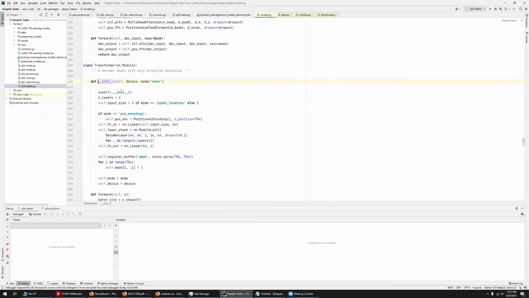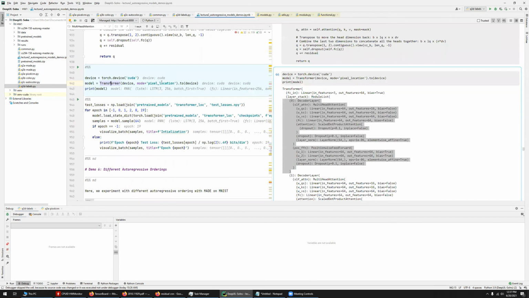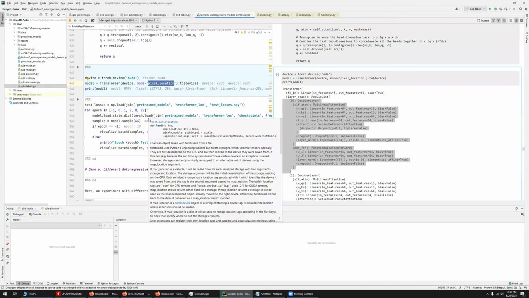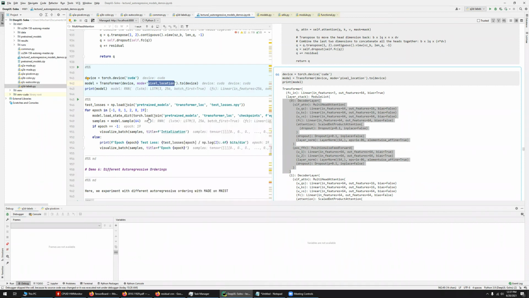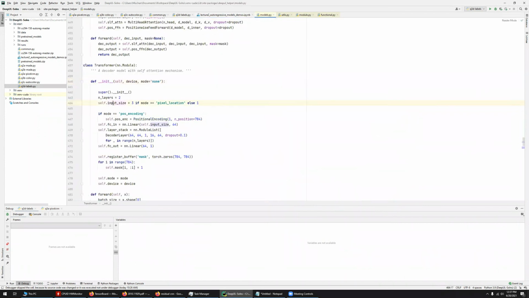Oh, yeah, it's pixel location. Sorry. Oh, okay. So they are using pixel location. Interesting. So the pixel location, what did they do? They just said input size is 3. That's it.